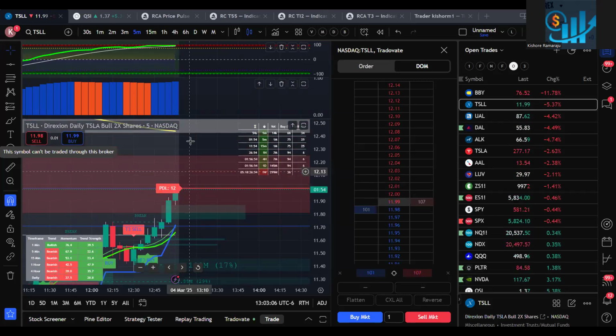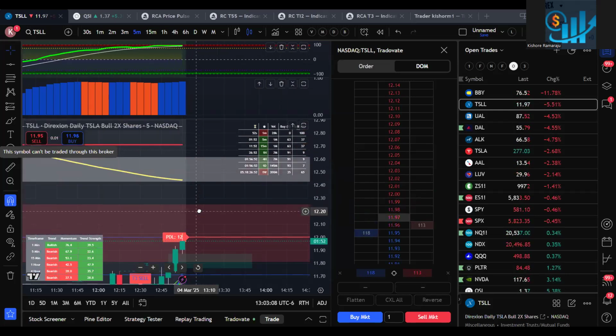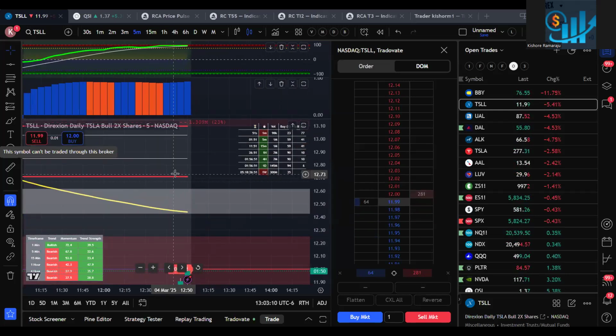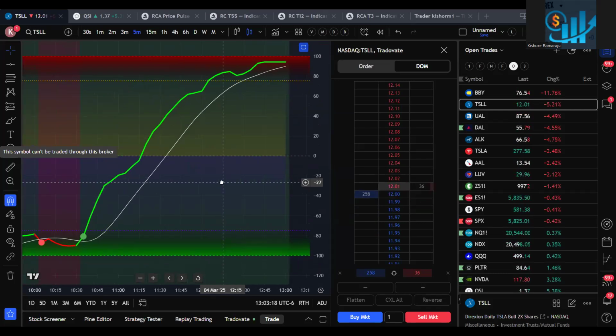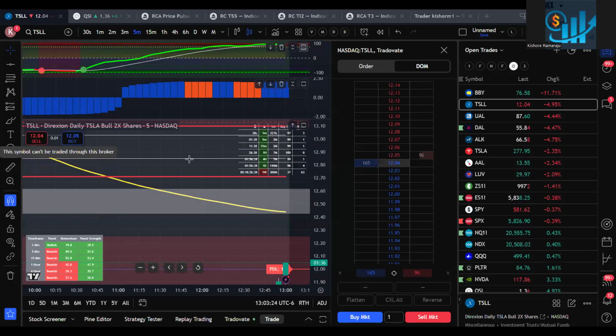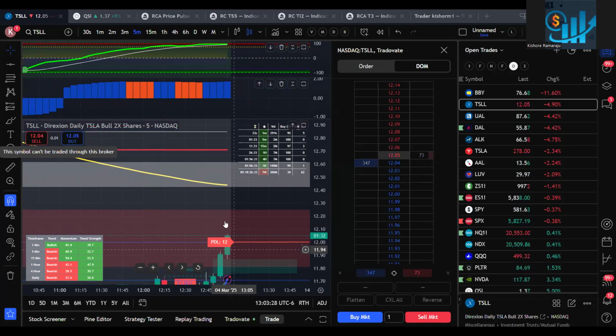If it breaks this, then TSLL will go all the way to 12.7 or it can go to 13. But yeah, it already came all the way to the top. At 10:30 it came all the way. So it might go until this.